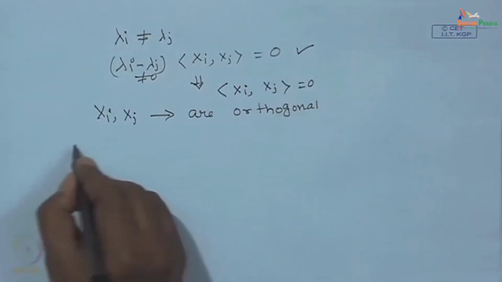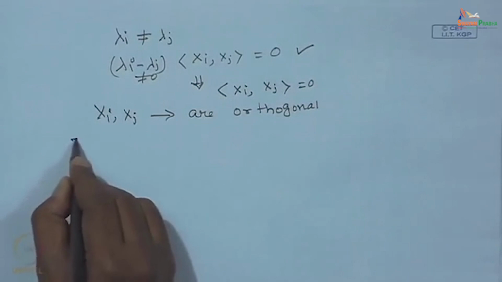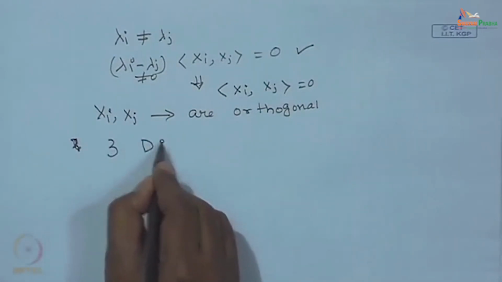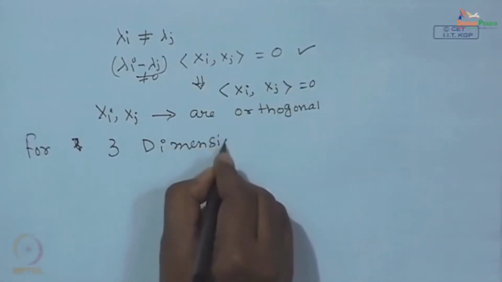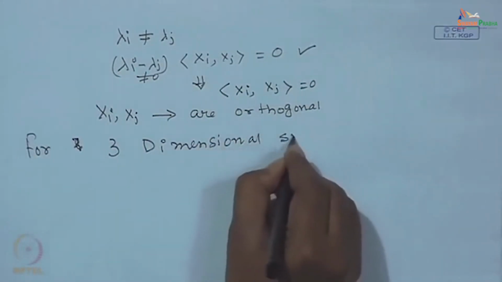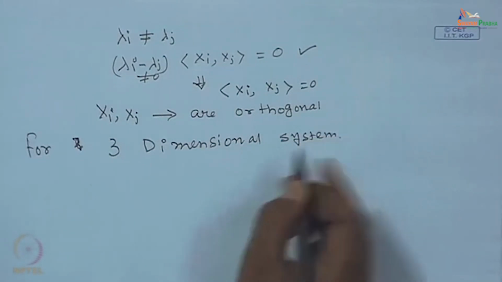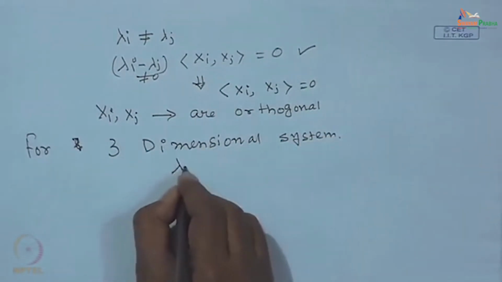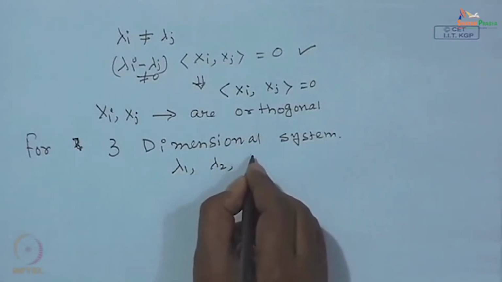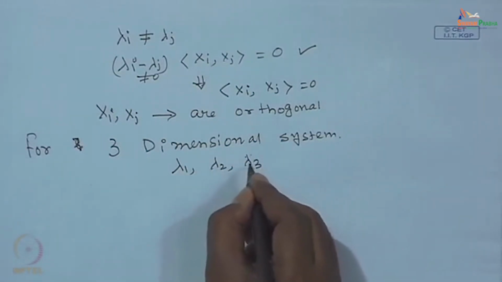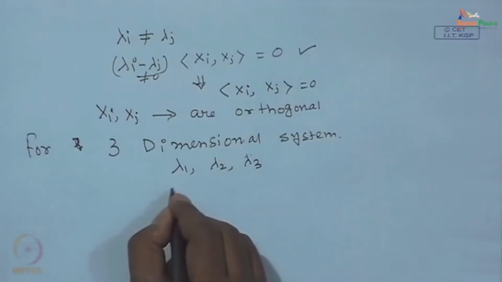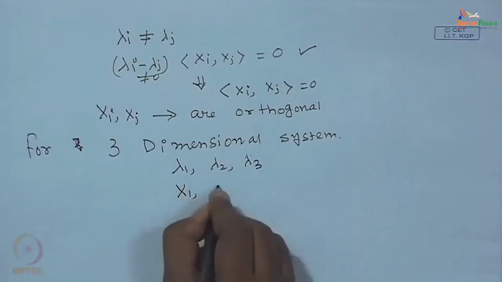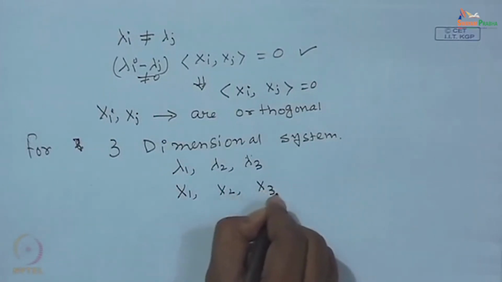So, if we have a 3 dimensional system, we have 3 distinct eigenvalues lambda 1, lambda 2 and lambda 3, and corresponding to them you will be having 3 distinct eigenvectors x 1, x 2, x 3.